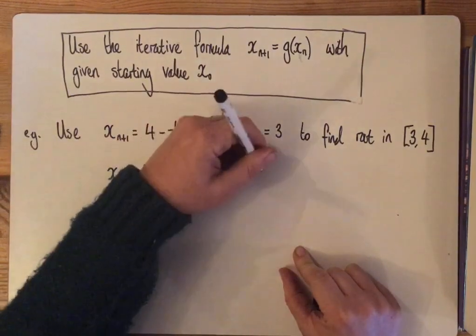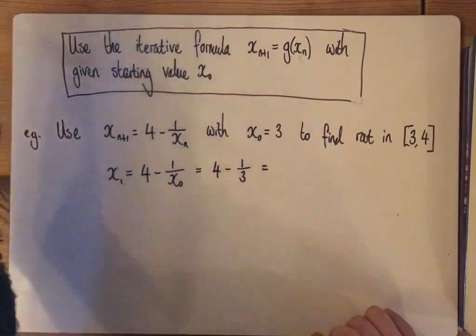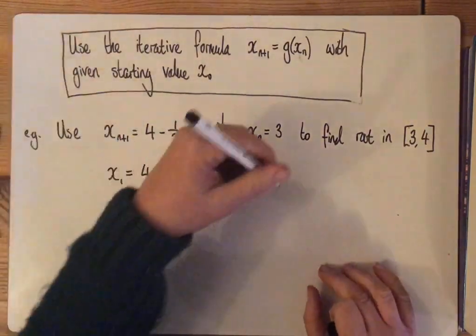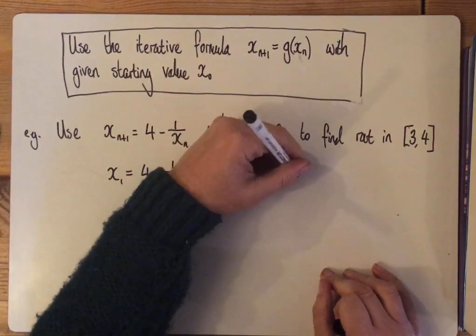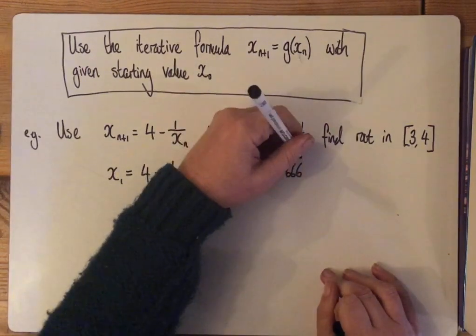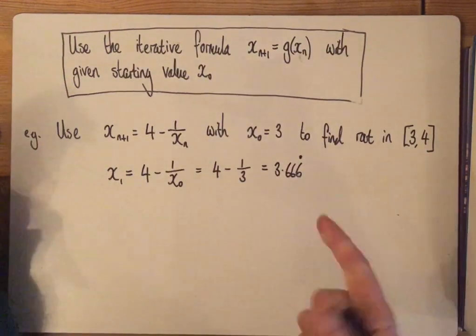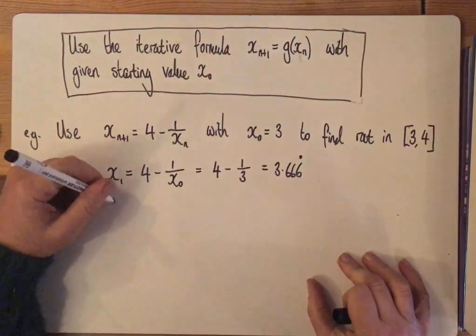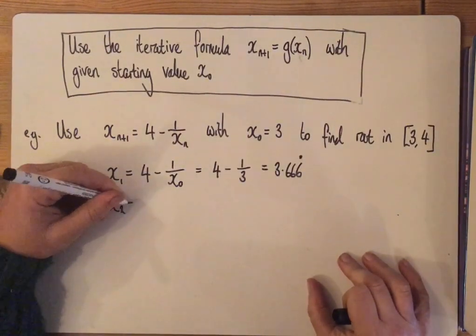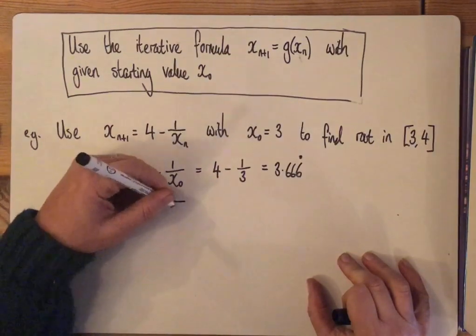So that's 4 - 1/3. I'm going to work in decimals because this topic lends itself to decimals. We're just getting as close as we can to that root. Your calculator kicks out some quite nice fractions, but so 3.66666. And then the next value along is 4 minus 1 over the one before.